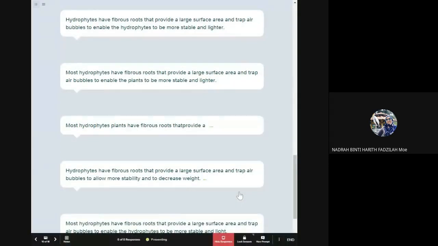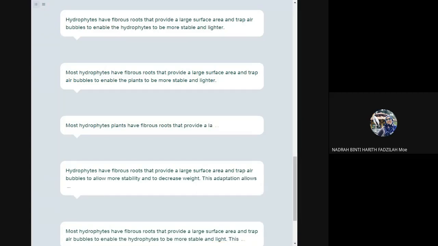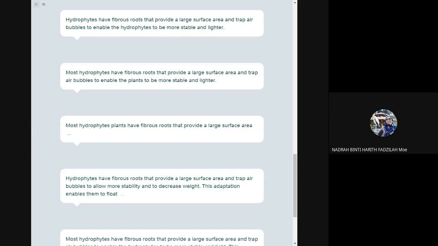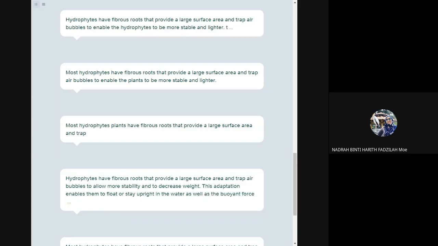Dekat roots. Okay, dekat roots. Okay, I can see that most of you sudah, dia ada dah tunjuk kat situ one of two. Alia punya dah keluar, Adria punya dah keluar, Azra punya pun dah keluar. Okay, sekarang kita nak tengok ni ya.